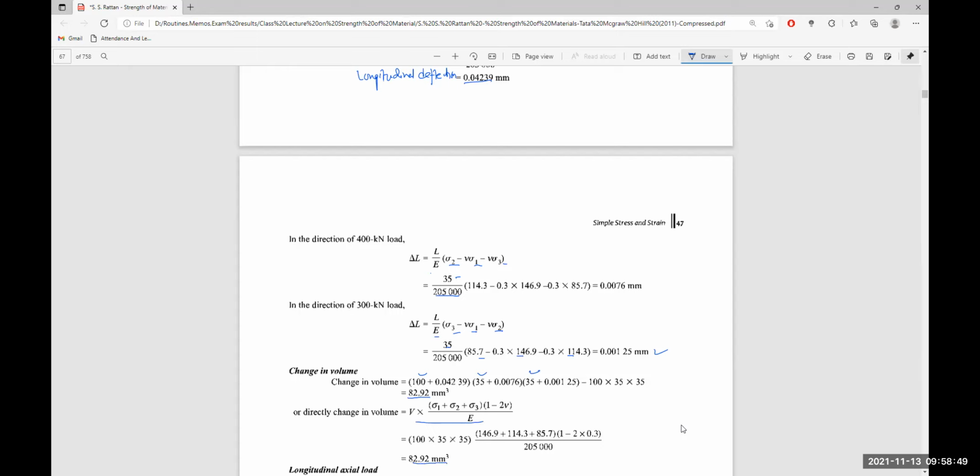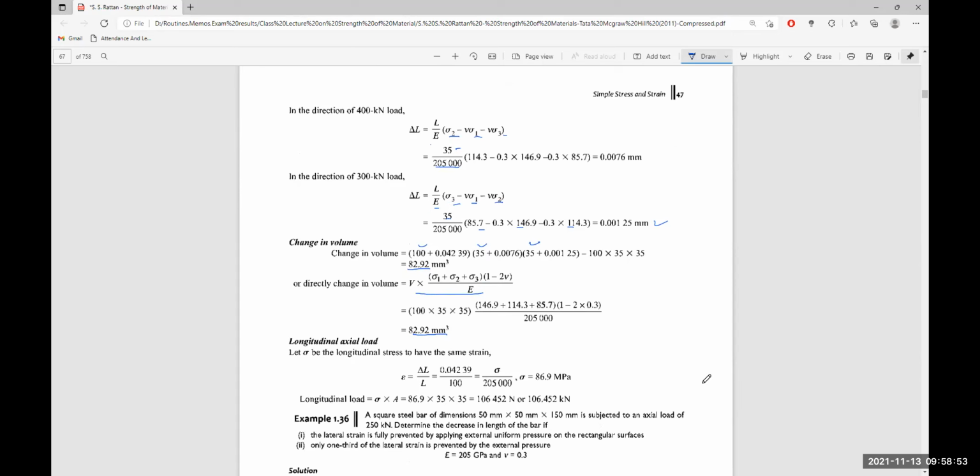Or directly, we can safely use the relation for the change in volume and get the same result. For the longitudinal axial load, the stress is the longitudinal stress needed to have the same strain. We calculated the longitudinal strain already: 0.04239 divided by the length, which is given as 100. The stress is the strain multiplied by Young's modulus, which is 86.9 megapascal.